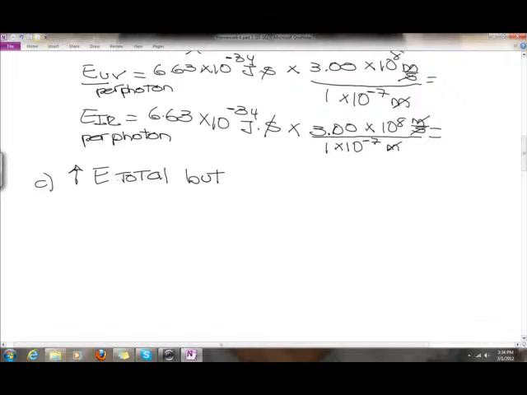So if we increase the energy, but not the energy per photon, then what's going to happen?